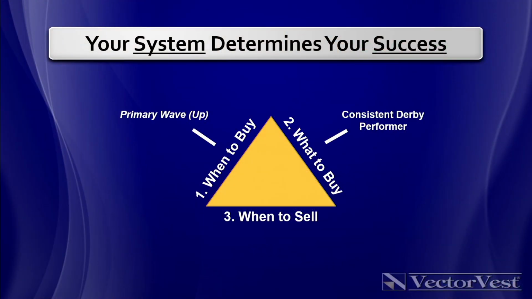Then we're going to leverage the Derby to find what we're calling a consistent Derby performer. This is going to be a scientific approach. One of the things that's maddening to a lot of investors and traders out there is, no matter what platform you go to these days, there are all these choices. This little gadget over here is giving you some stocks that look good.